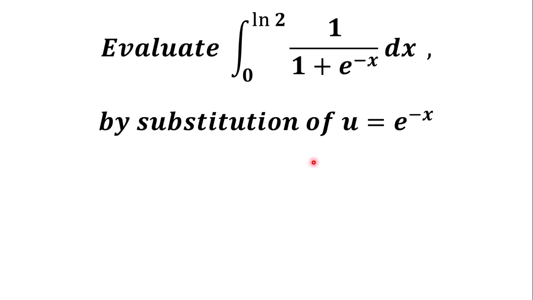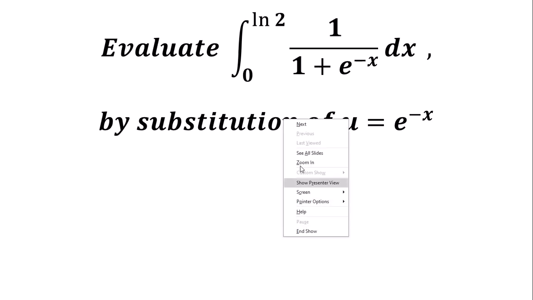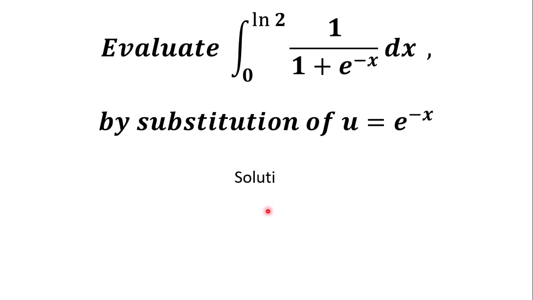That should be our first step. Now that we know how the substitution is going to be done, why don't we get started? Let's write our solution first. Let's bring this question down here: the integral of 1 over 1 plus e raised to the power minus x dx.